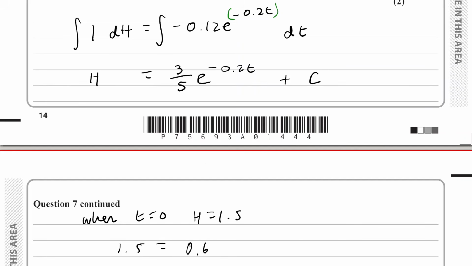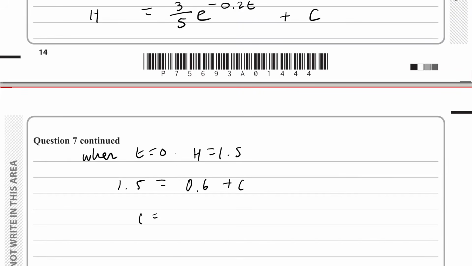So 0.6 plus c. C must be 0.9. So we have h is 3/5 times e to the power of negative 0.2t plus 0.9.